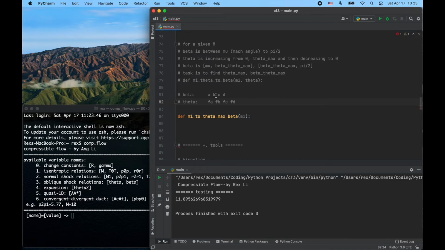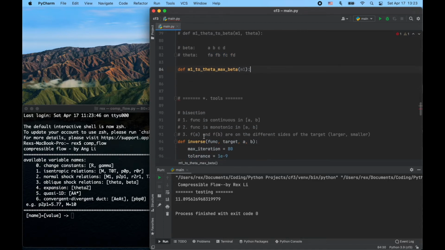So similarly, if we are sure that FB is the largest value among all of these four, that means theta max is between A and C. So now we can just replace D with C, and the region between A and D is going to be smaller. And then we can do it iteratively. And finally, A and D would be so close that it doesn't make any difference. So this idea is very similar to bisection.